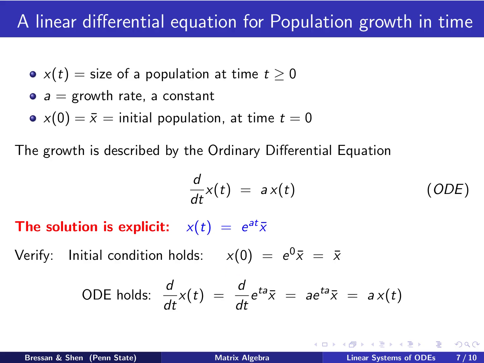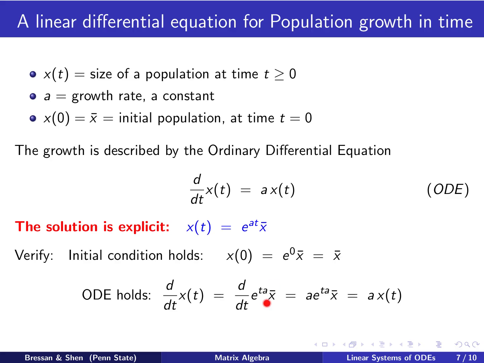x(0) is supposed to be x bar. So we put t to be 0. So e to the 0 times x bar, and e to the 0 is 1. It's just x bar. And then let's put it back into the ODE. So we start from the left-hand side and want to show that we'll reach the right-hand side. So d/dt, let's put in a function for x(t), which is that.